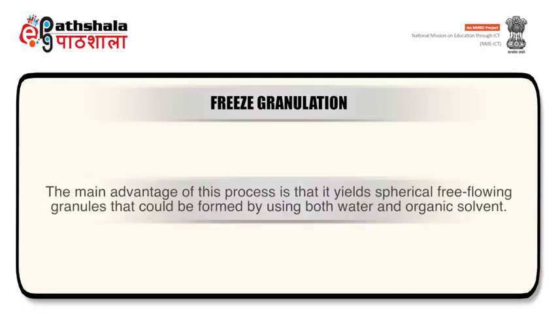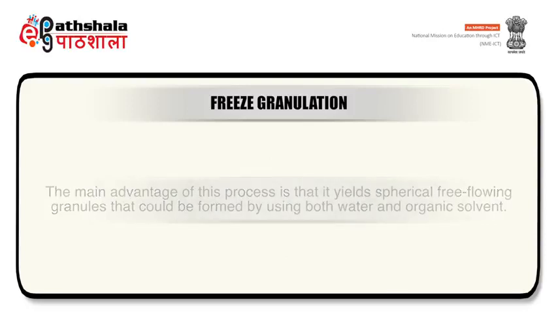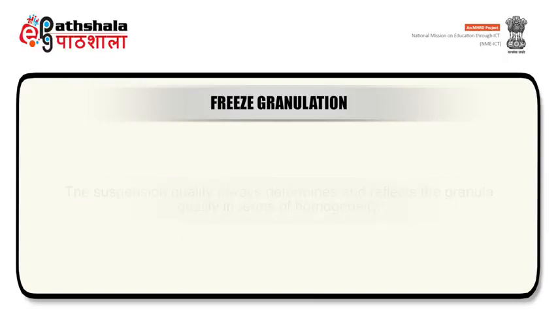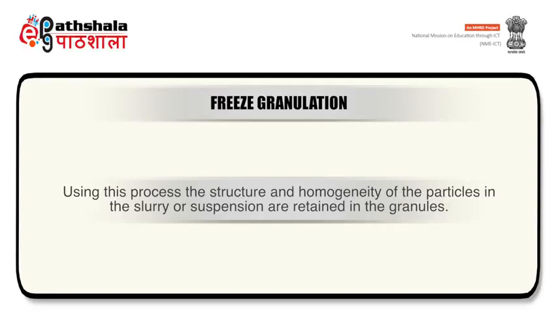The main advantage of this process is that it yields spherical, free-flowing granules that could be formed by using both water and organic solvent. The suspension quality always determines and reflects the granule quality in terms of homogeneity. Using this process, the structure and homogeneity of the particles in the slurry or suspension are retained in the granules.